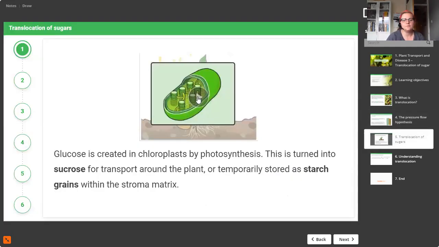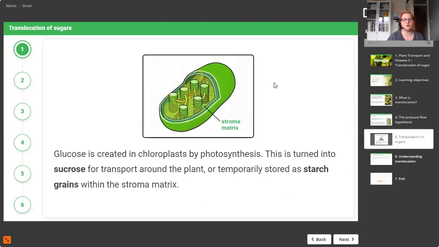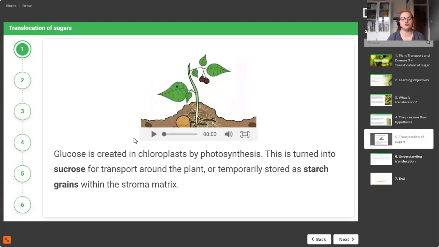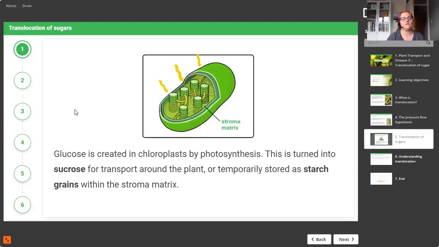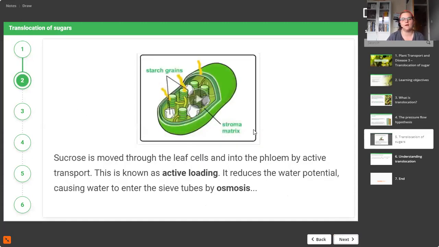So, in our plants, glucose is made in our chloroplasts by photosynthesis. This is then turned into sucrose for transport around the plant, or it can be temporarily stored as starch grains within the stroma matrix for use at a later stage.